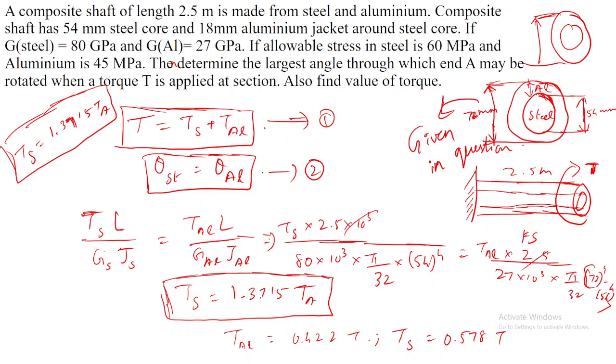After this, you will substitute this equation in the first one, and then you will be getting T aluminum in terms of T and T steel in terms of T. And from this, they have given the allowable shear stress, right? Based on that allowable shear stress, you will be finding out the value of T.